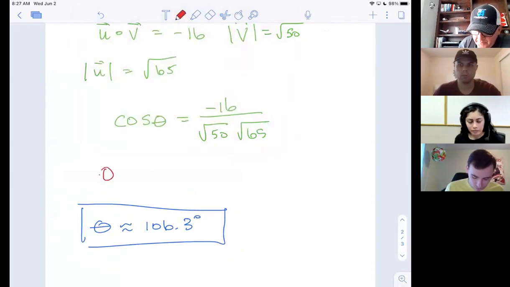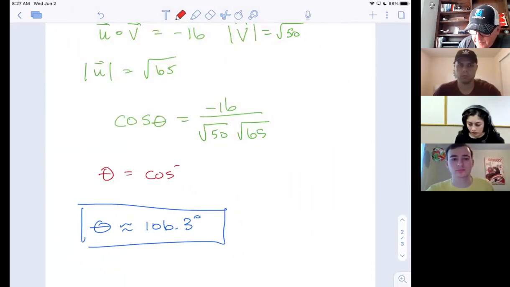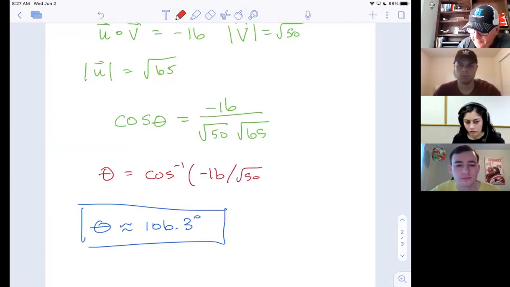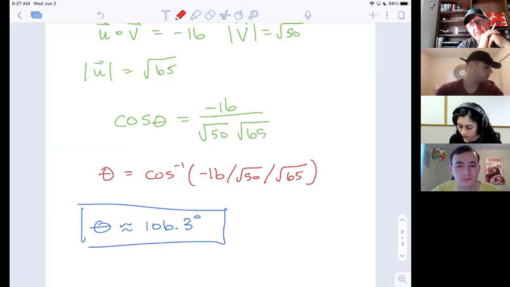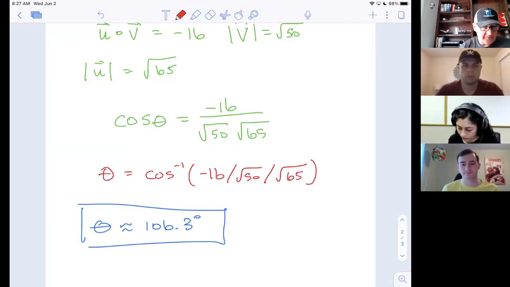But this is what I just typed in. I typed the inverse cosine of negative 16 divided by the square root of 50 divided by the square root of 65. That's what I typed in my calculator, because that's just a number over there. In other words, if you figured out what number negative 16 over the square root of 50 and so forth is, I'm going to do that really quick.